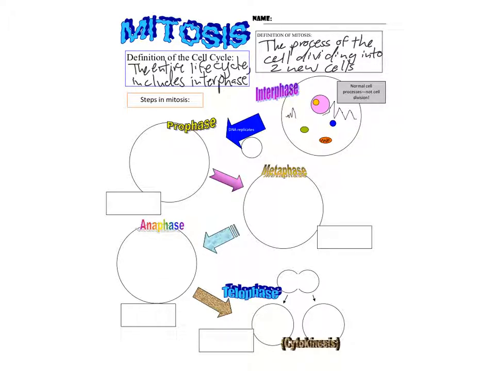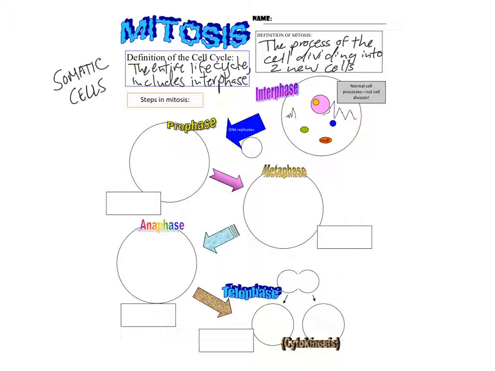Now remember, mitosis is somatic cells, so these are your normal body cells. And some of your cells go through mitosis faster than others. Some divide like every 24 hours, and some divide a couple times in your whole lifetime. So it just depends on the type of cell.